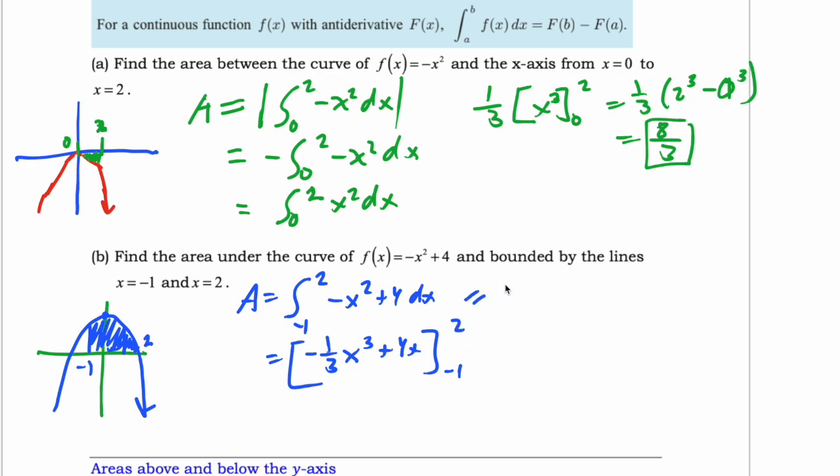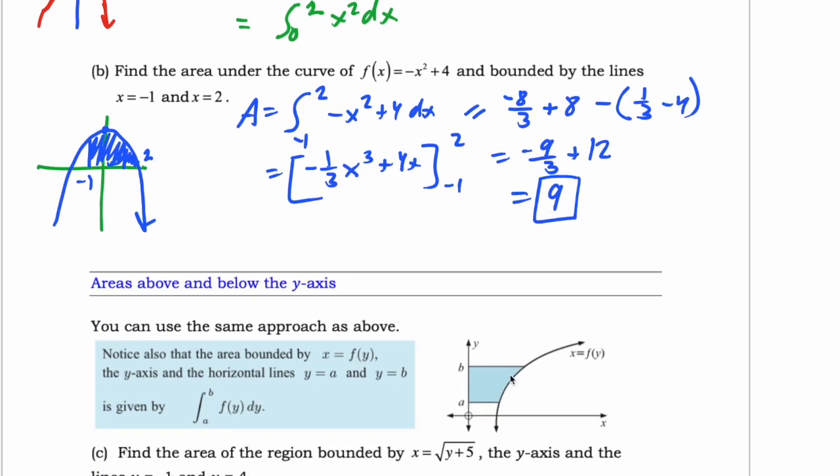That is negative 8/3 plus 8, minus all of this with negative 1 substituted in, so that's 1/3 minus 4. Then we could do the negative 8/3 minus 1/3, which is negative 9/3, plus 12. That's like 12 minus 3, which equals 9.